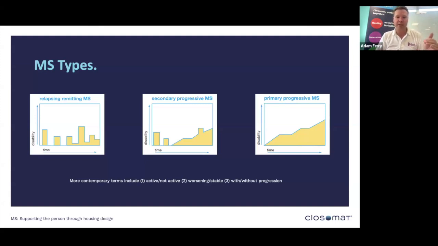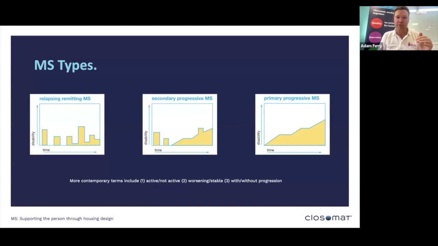They have that for a period of time and then go into a period of remittance where they're completely back to the way they were pre-relapse. However, it also shows that over a period of time, as the person has more relapses over their lifetime, the level that they return to is just not quite as it was before.